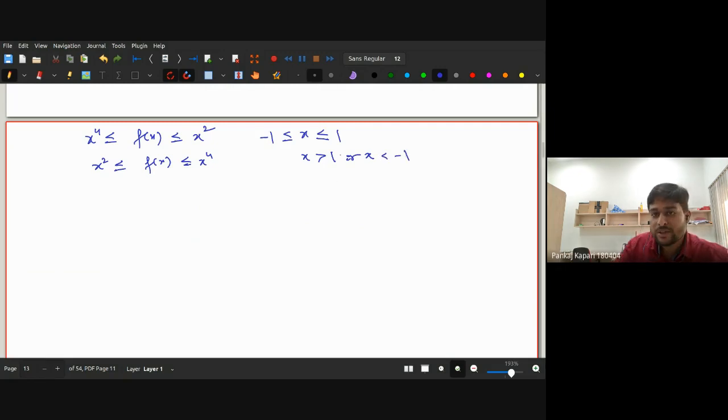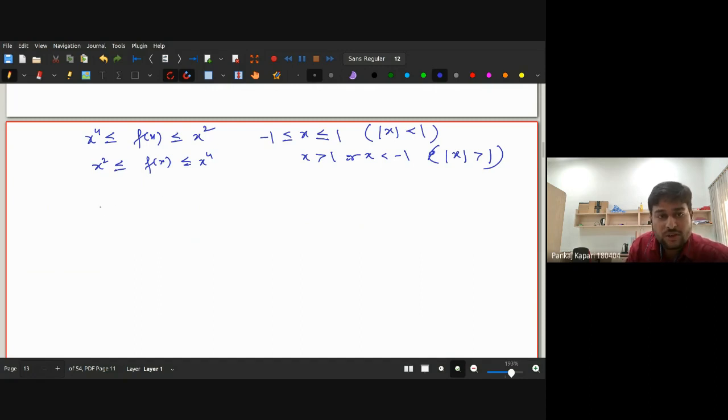That means whenever mod x is less than 1 one inequality holds, and otherwise mod x is greater than 1. And you want to know for which values of c you can conclude that the limit of this function exists when x approaches c using the sandwich theorem.